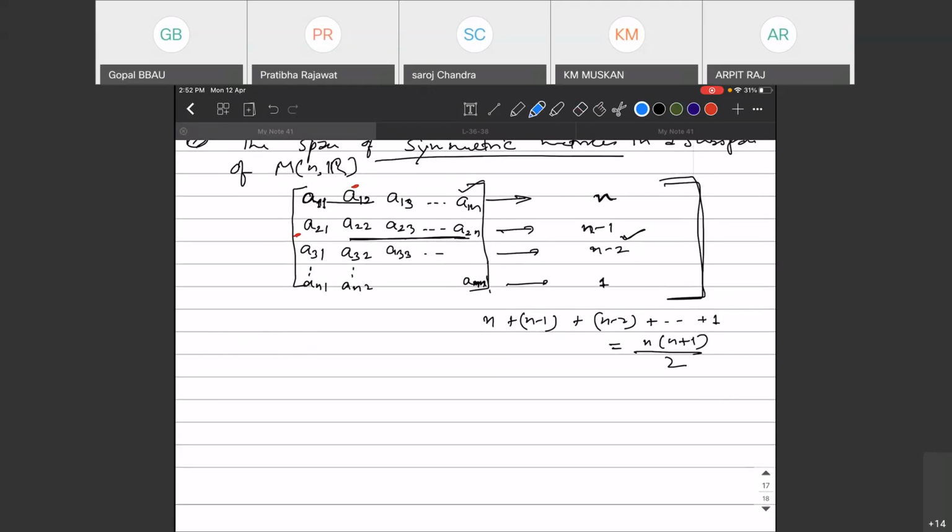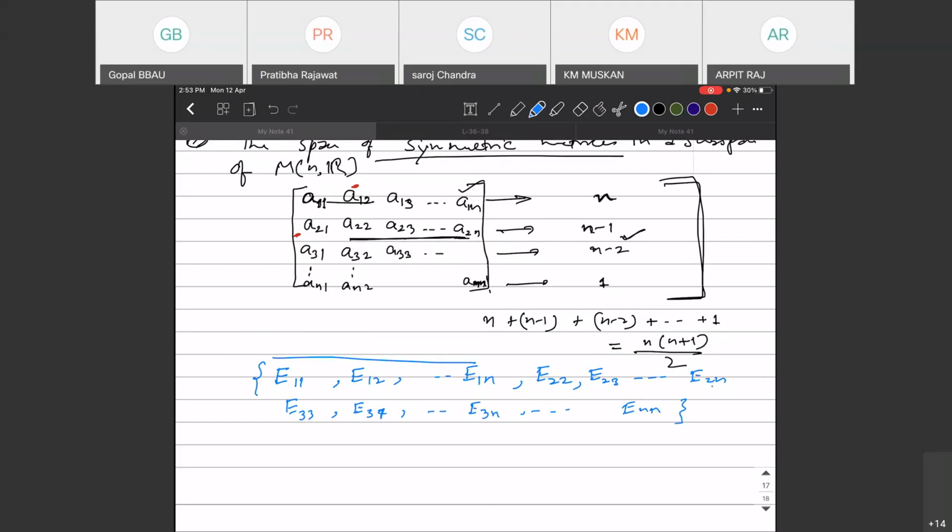It will contain E11, E12, up to E1n, then E22, E23, up to E2n, then E33, E34, up to E3n, and similarly at the end Enn.